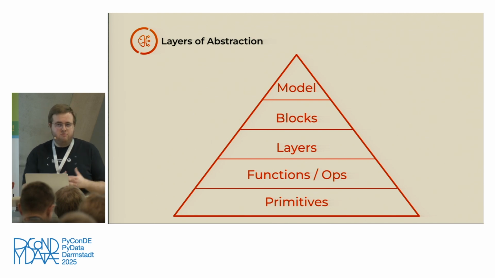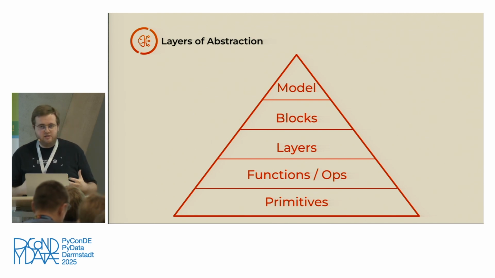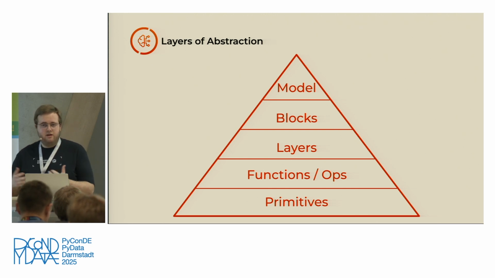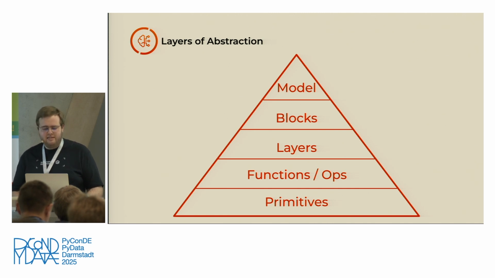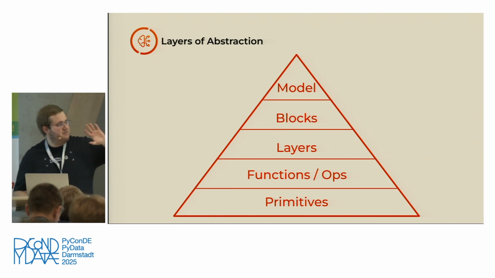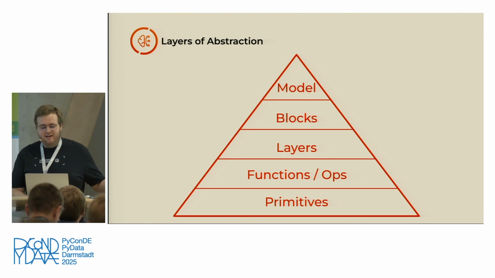For example, we would have a set of primitives for doing the computations on the CPU, a set of primitives for doing the computations on the GPU, and usually functions consist of those primitives under the hood. However, as I said, today we are not really interested in speed optimizations, and if we're not interested in speed optimizations, we're not interested in GPU computations, and in this case we can forget about the primitives for now and proceed to the functions directly, and we will be using NumPy as our computational backend.